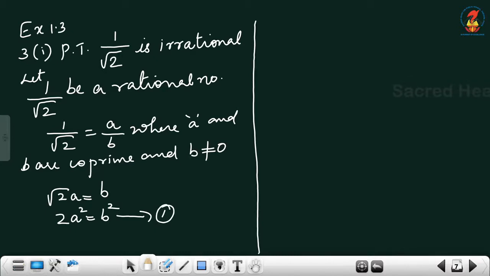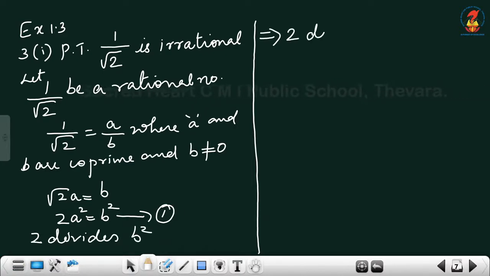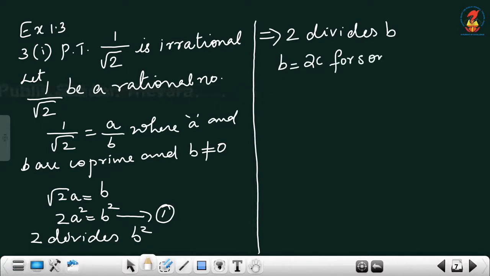Equation 1. This means that 2 divides b square. This means that 2 divides b. So we can write b as 2c for some integer c. So in equation 1, 2a square is equal to b square.